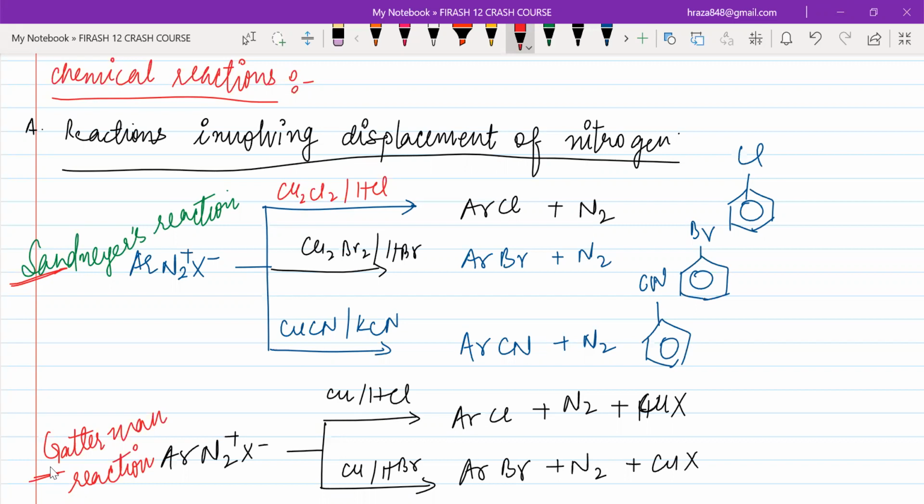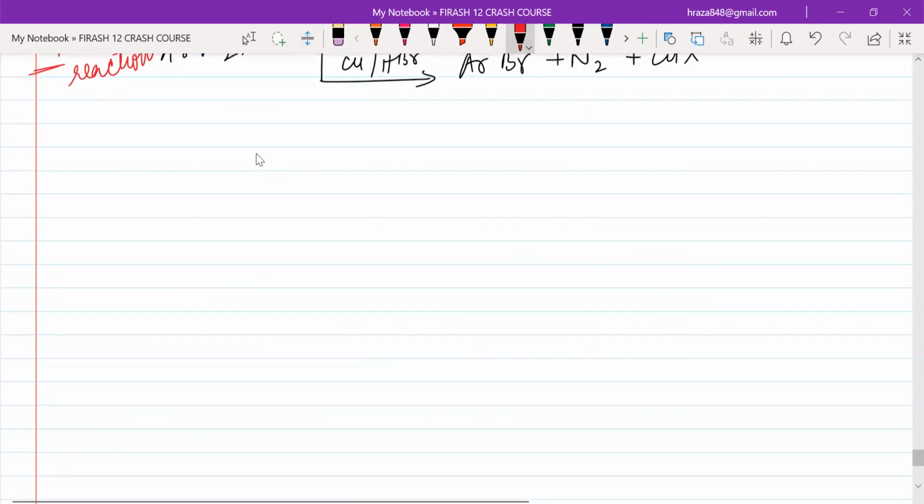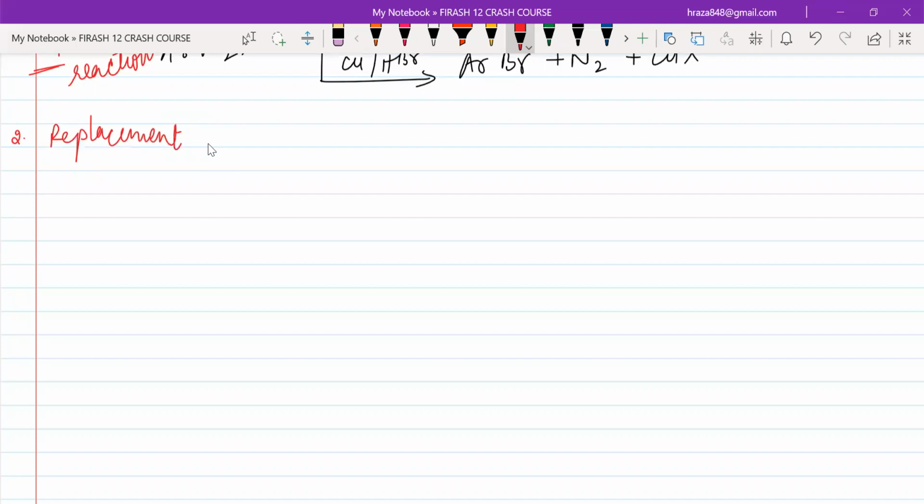Now see, there are other ways to replace N2. The first we can take, the second we can take, replacement by iodide ion.